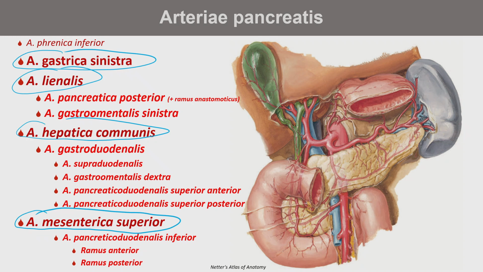The superior mesenteric artery is seen here, and there is an artery which is called pancreaticoduodenalis inferior. The second artery is the pancreaticoduodenal artery, which is called superior anterior, and one is superior posterior.